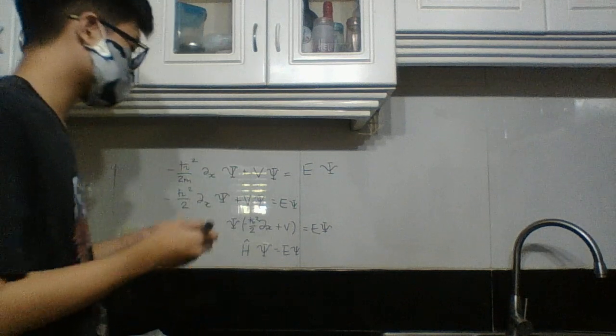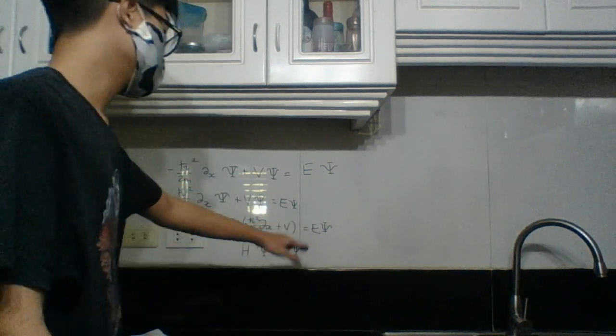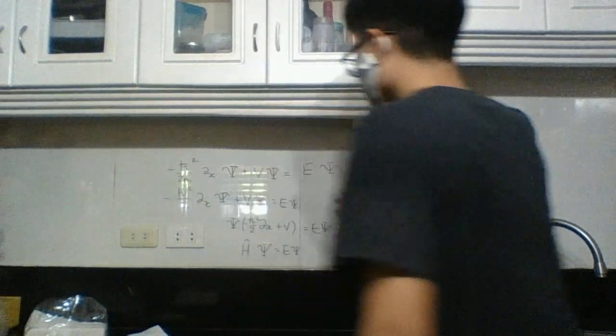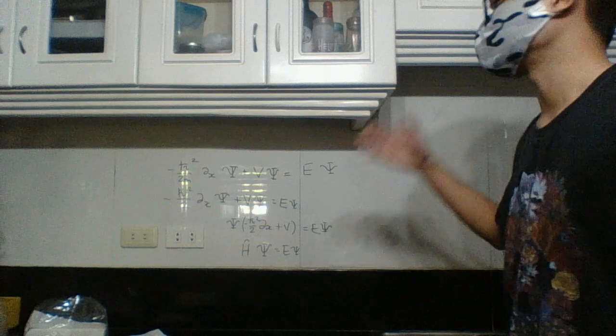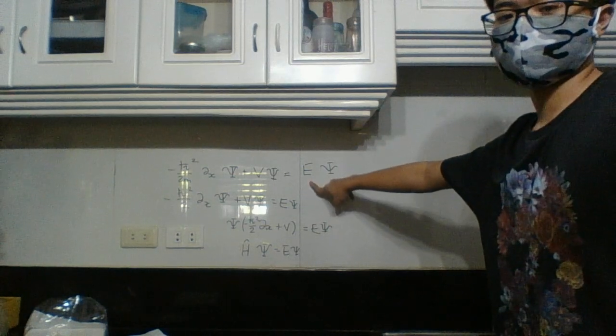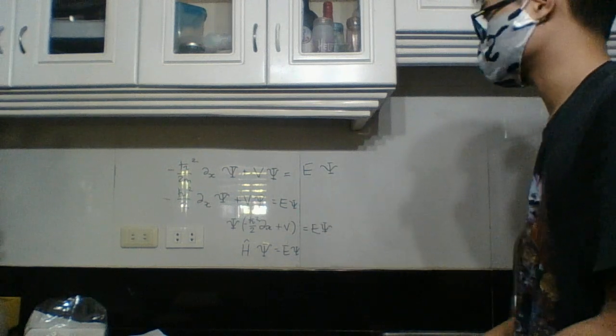You notice that E here is not expressed as a hat. It's because when we're trying to find the wave function of my friend, we are assuming that the energy is constant and not a changing variable. So therefore, this is not an operator but a constant.